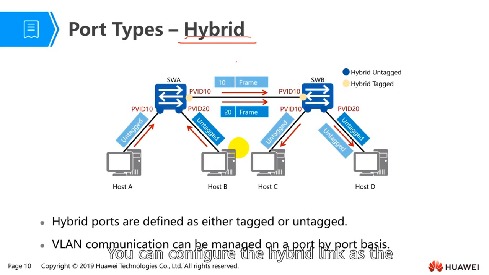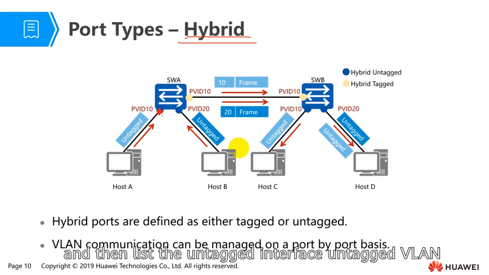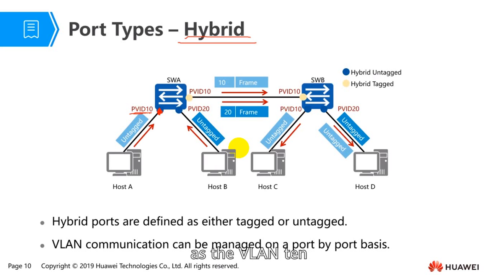You can configure the hybrid interface as an access link, or configure the hybrid interface as a trunk interface. For example, you can configure this interface as hybrid and list the untagged VLAN as VLAN 10.